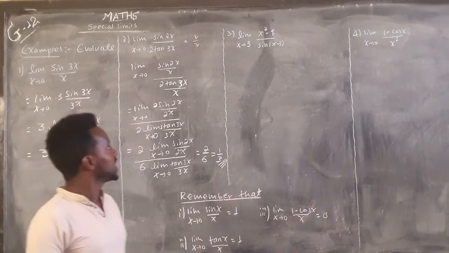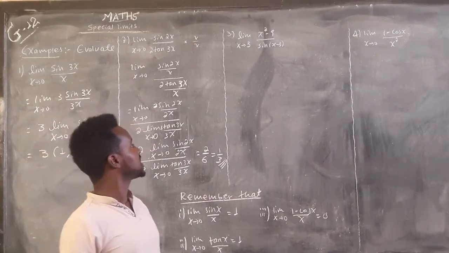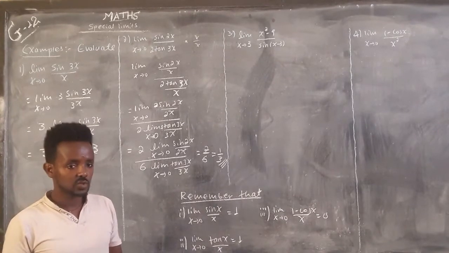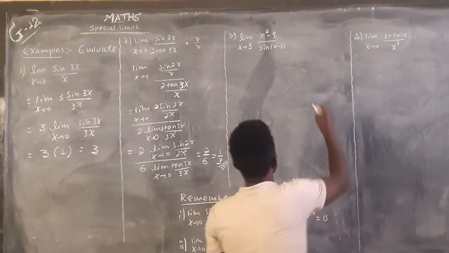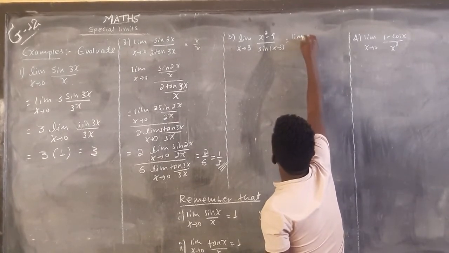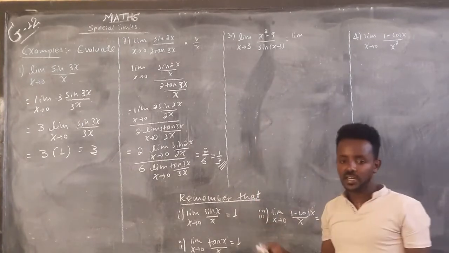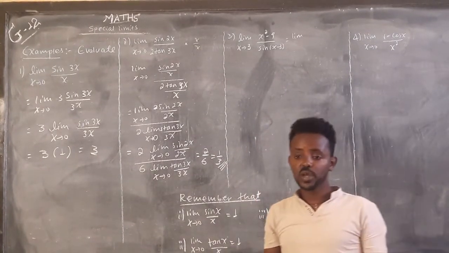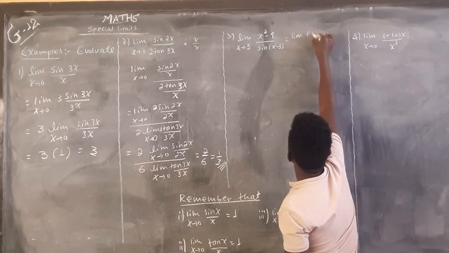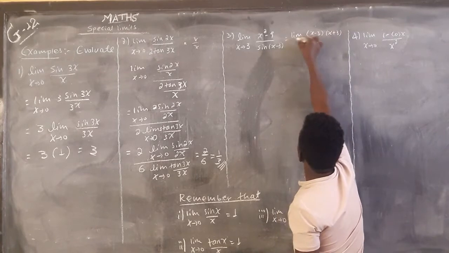The third example is limit of x squared minus 9 over sine of x minus 3 as x approaches 3. Here x squared minus 9 is x squared minus 3 squared, so we can rewrite it as x minus 3 times x plus 3.